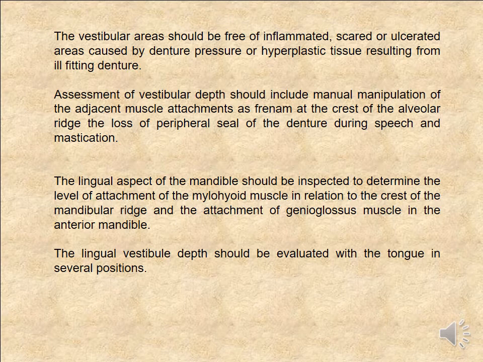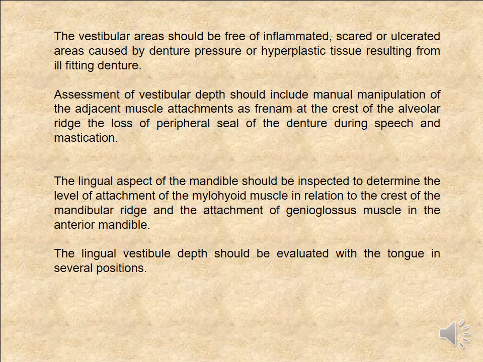So, by its attachment of the mylohyoid muscle to the mylohyoid ridge and the attachment of the genioglossus muscle to the anterior genial tubercle, there is not good stability in the lower jaw. The lingual vestibule depth should be evaluated with the tongue in several positions. The movement of the tongue affects the stability of the lower jaw.